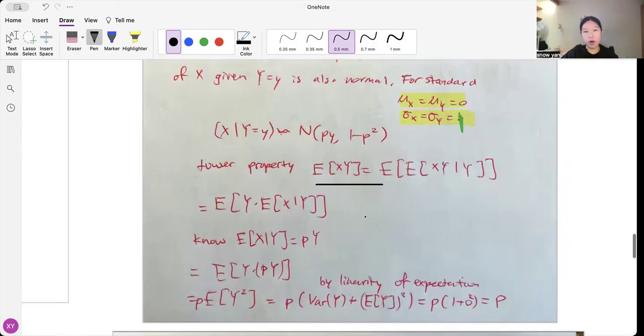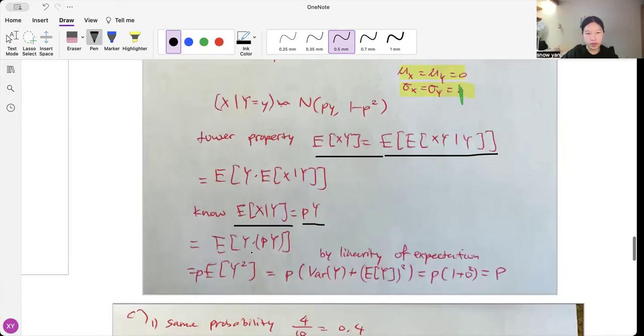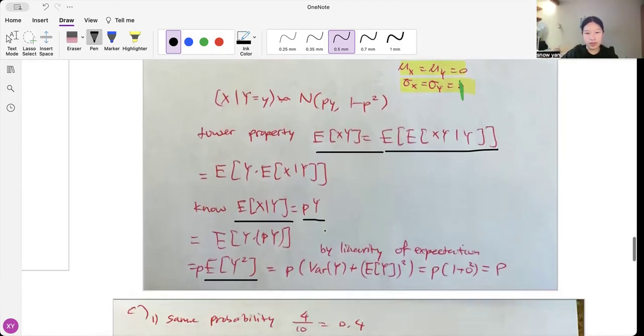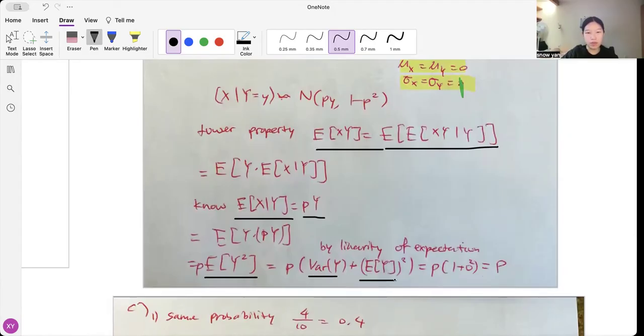For E of XY, we can use the tower property to get E of XY given Y. Since Y is just a constant, we can extract it out so that we have E of Y times E of X given Y. For the standard bivariate normal distribution, E of X given Y is rho Y. So our expectation would be E of Y times rho Y. Rho is just a coefficient, so by linearity of expectation we can move it out, and then we do the exact same step as earlier: the variance plus E of Y squared, and we get rho times 1 plus 0 squared, which is rho.